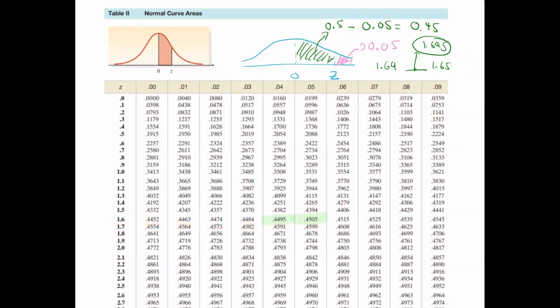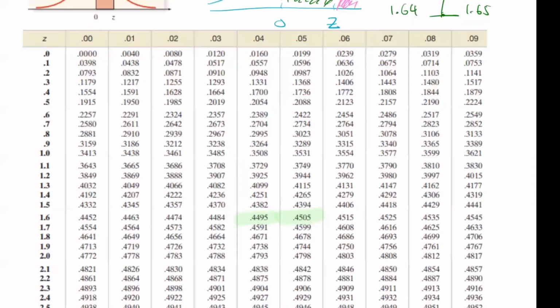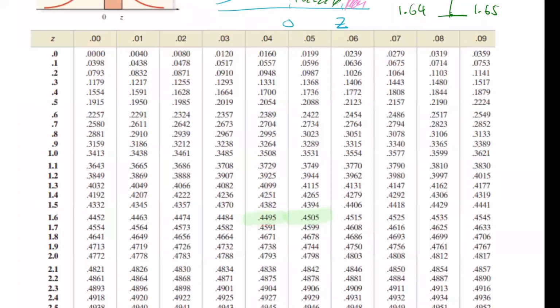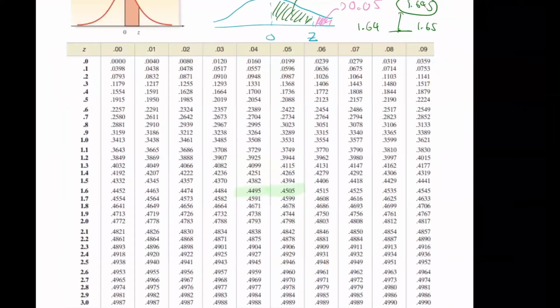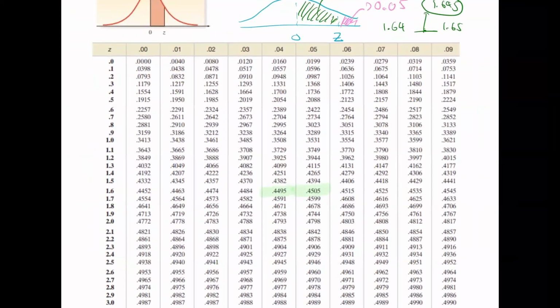Why do you need to find the in-between one? Because I want to find this number such that this area is 0.45, right? Here, I know that if it is 1.64, it is 0.4495. And if it is 1.65, it is 0.4505. But I want 0.45, which is exactly in the middle.